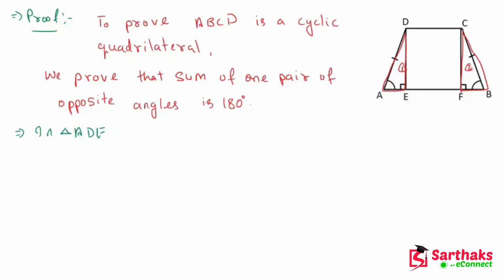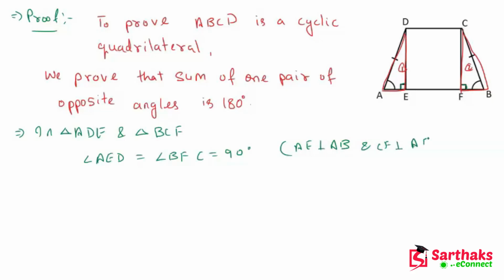In triangle ADE and triangle BCF, angle AED is equal to angle BFC, because these two angles are 90 degrees, since DE is perpendicular to AB and CF is also perpendicular to AB.